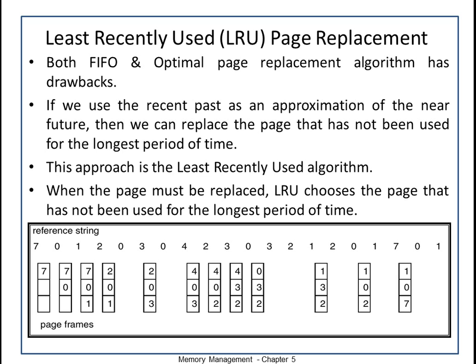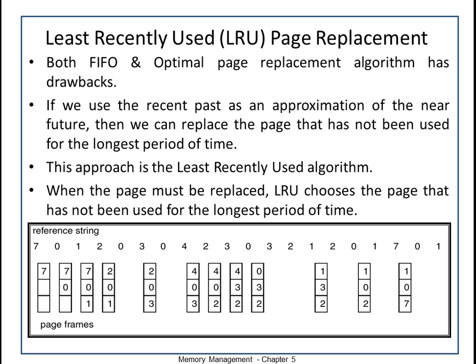So out of that, the least recently used algorithm solves the problem of both of these page replacement algorithms. If we use the recent past as an approximation of the near future, then we can replace the page that has not been used for the longest period of time.